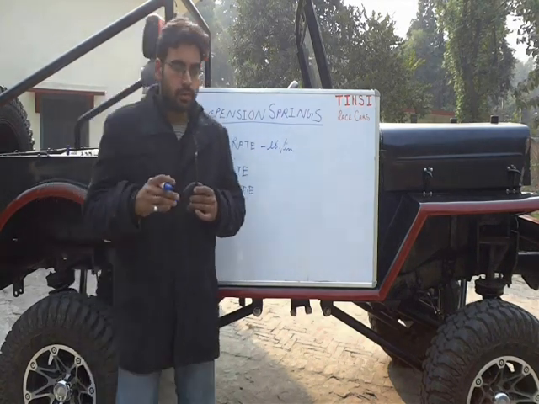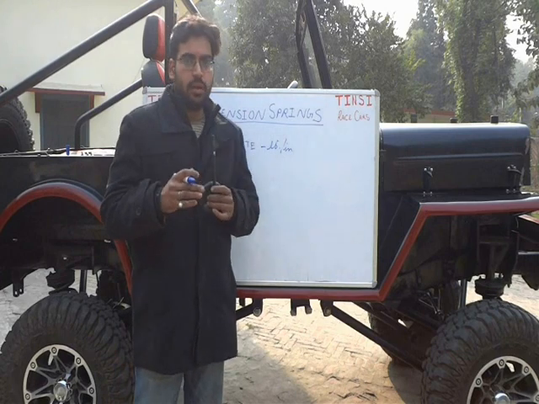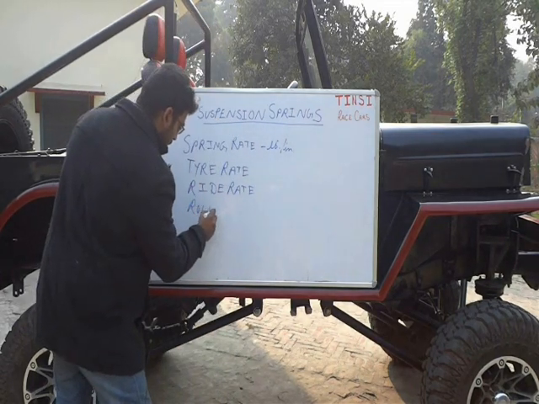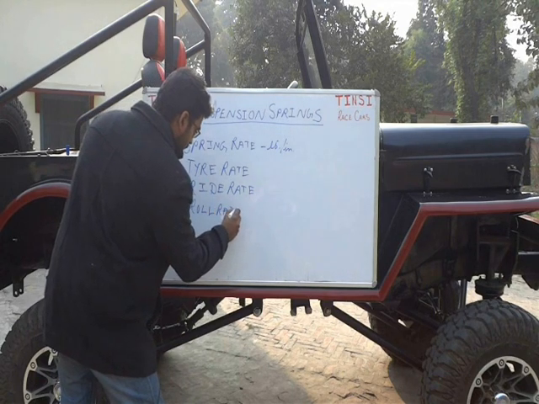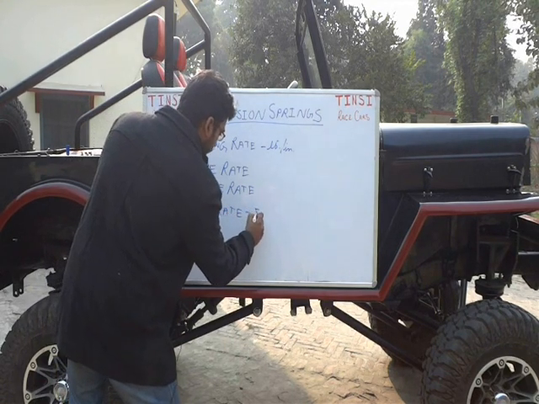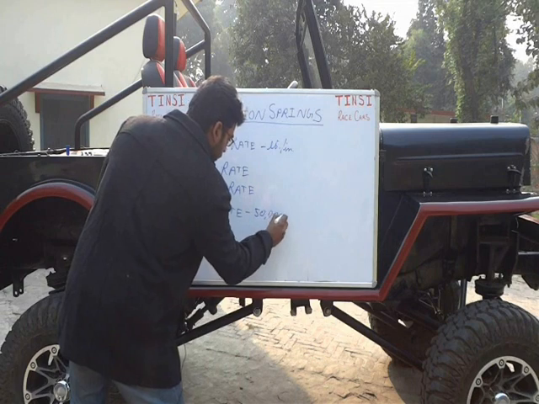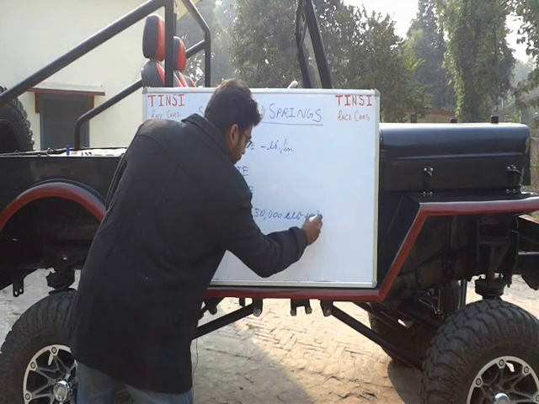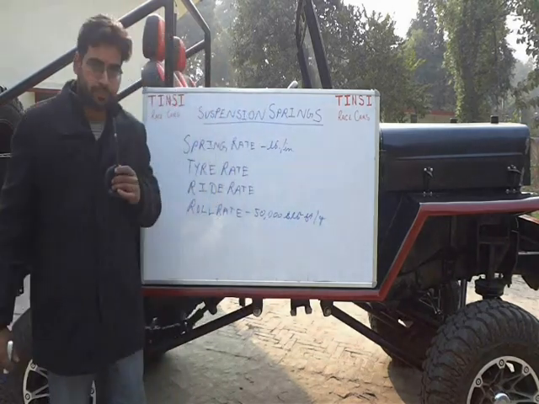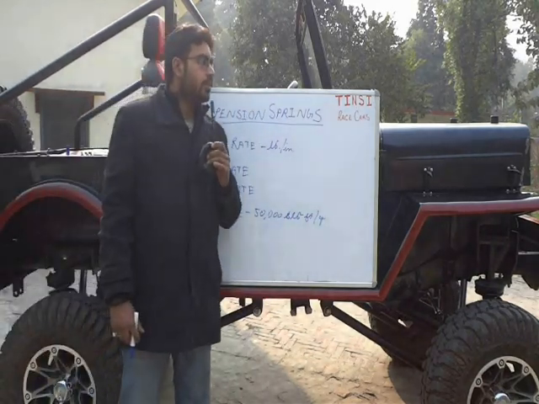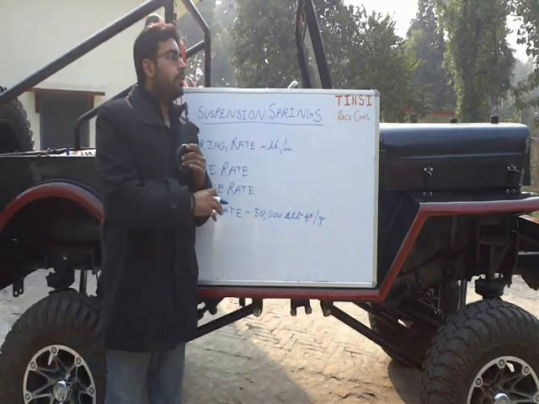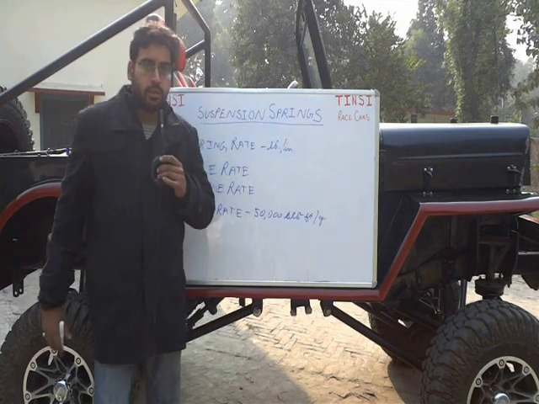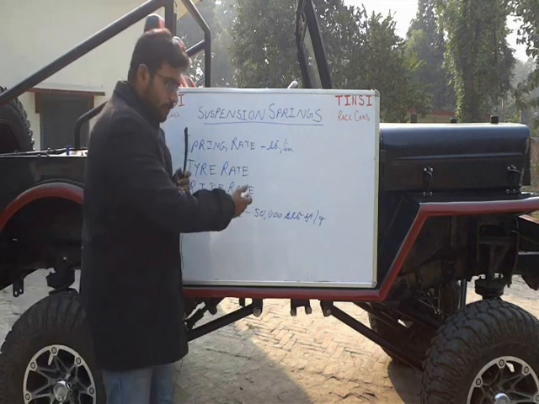Okay, so for example, I go in with a roll rate of 50,000 pound-feet per G. Okay, so this is a particular value that I've assumed for the roll rates, and this is for the front.